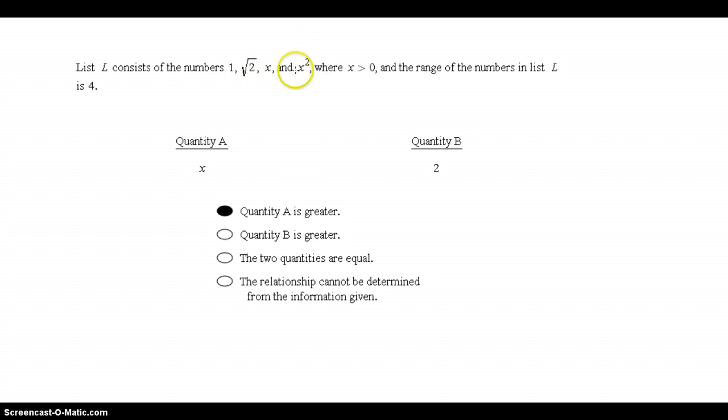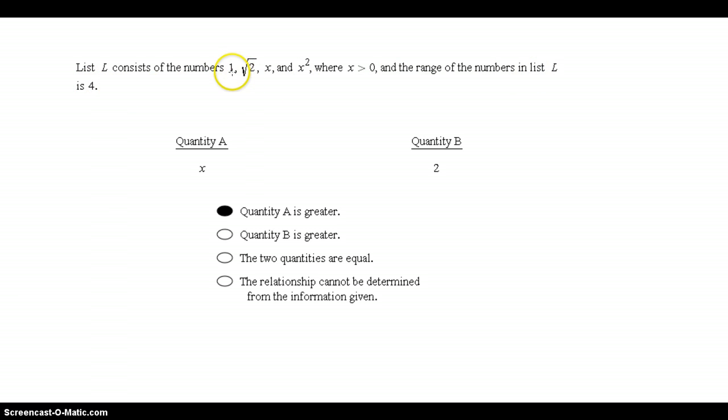So the highest that x squared could be is 5, which means that x could be square root of 5. Now, if x is the square root of 5, it will be greater than 2. But let's think about what the minimum that x could be.